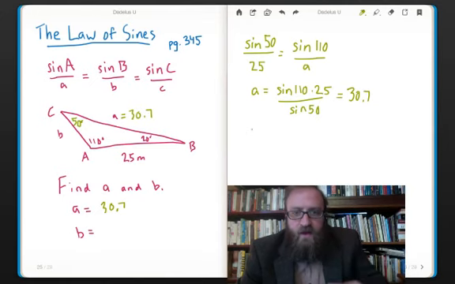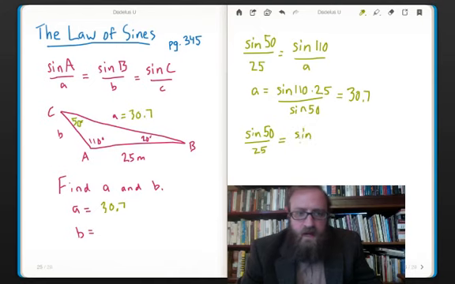We say that we know the sine of 50 over that opposite side 25 equals then the sine of 20, the angle opposite side B, over B. And then again, when you just cross multiply and divide, we will get 25, I'll put the 25 first this time, times the sine of 20 over the sine of 50.